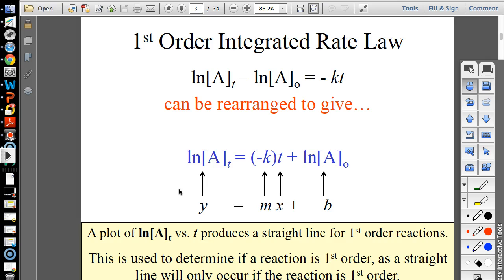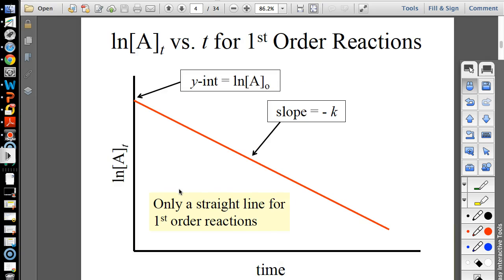You can rearrange this. Don't let this freak you out. All they did right here is move this on over, and they added it. See? I added it to both sides, moved it over, and then it makes a line, that straight line that I just showed you. That's all this is saying. So again, if you have the natural log of A, the concentration of A at any time, it'll make a straight line.